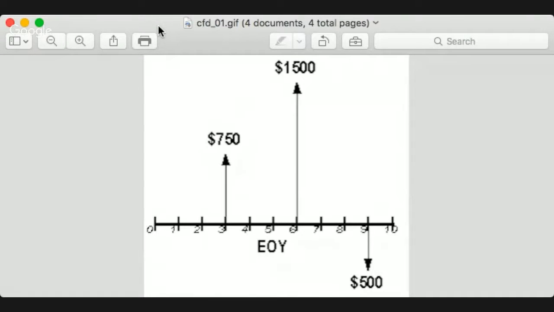In this cash flow diagram, we have positive cash flowing at the end of year 3, positive cash flow at the end of year 6, and a negative cash flow of 500 at the end of year 9. One of the things we'll be doing in this class is looking at a cash flow diagram like this and pulling all those numbers together as one number that represents those cash flows.